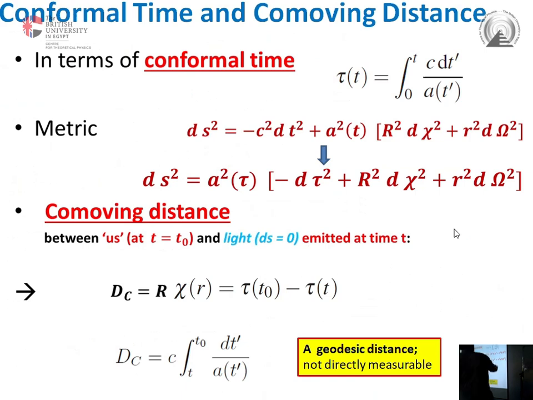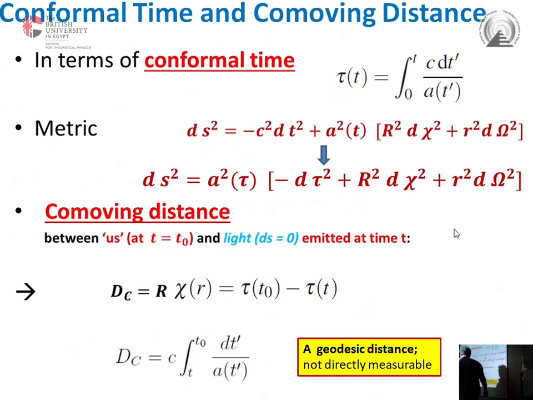And it's simply radial light rays. You put d omega equals 0, and a light ray moves on null geodesics. So this is a light ray moving on null geodesics, meaning ds is 0, emitted at some time t and absorbed at some time t naught. We are at t naught, and it's emitted sometime in the past.